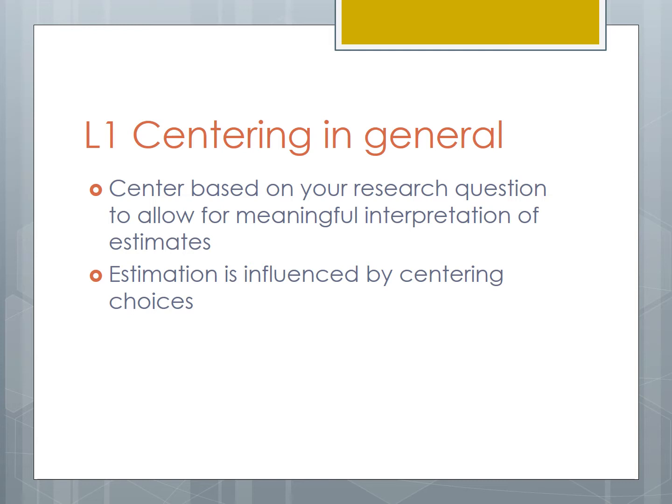So once in a while, you might actually play around with centering, with grand mean and group mean centering, mostly group mean centering, to see if your estimates might actually turn out better if there are problems in there. But then you also have to go back and say, what are the problems in the data? Is there something in the modeling that I have to change? The centering changes the interpretation.